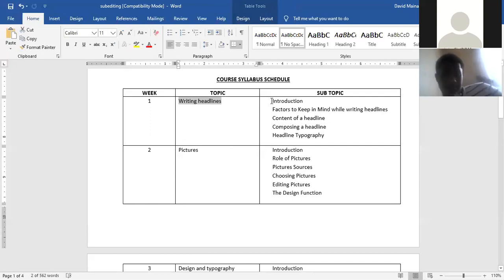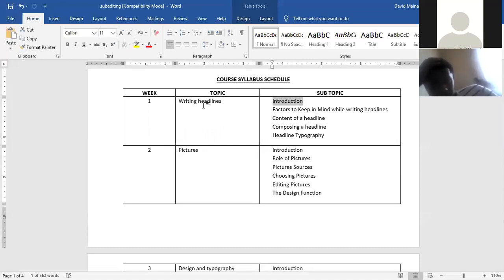Of course, in every topic, there is always an introduction. The importance of headlines is many, because when you write your headline in an awkward way, or in a very funny way, it will not attract the readers, and therefore the newspaper will not be bought.